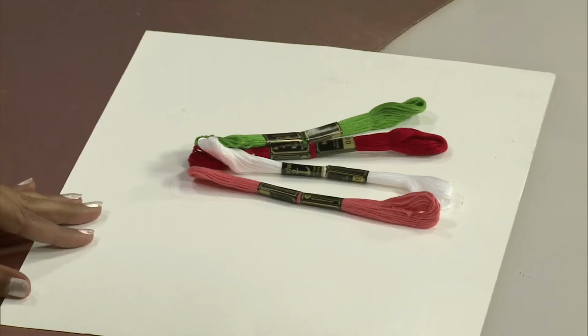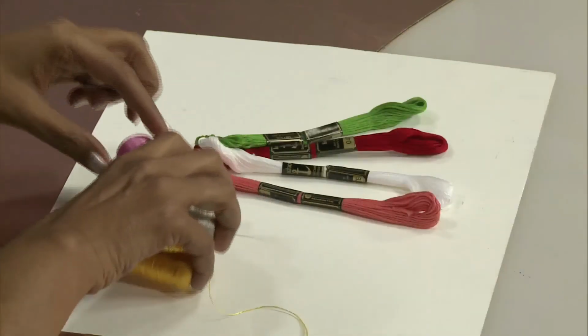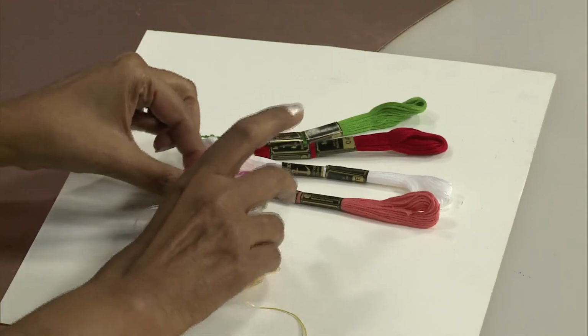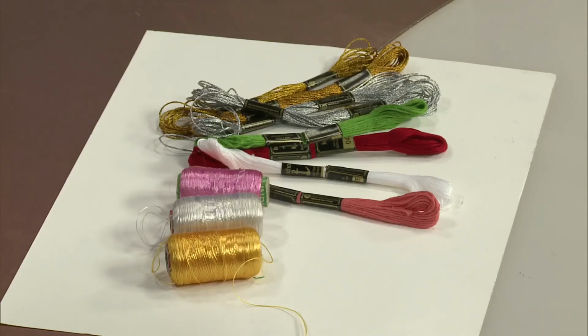There are a variety of threads available in the market. As you can see, we have cotton embroidery threads, silk floss, silk threads and metallic threads. Use the type of thread or weight that looks best or has the effect you want to achieve in your embroidery.